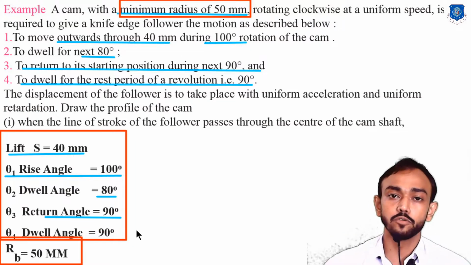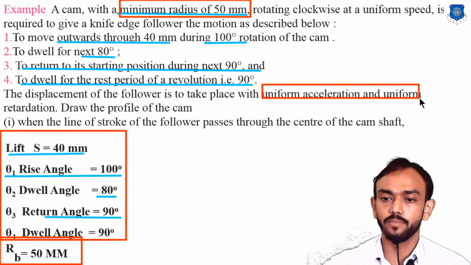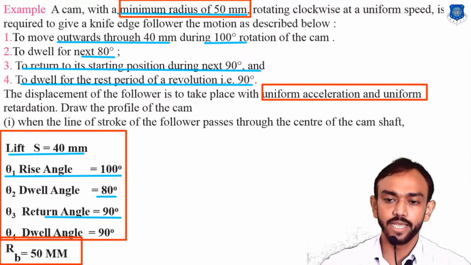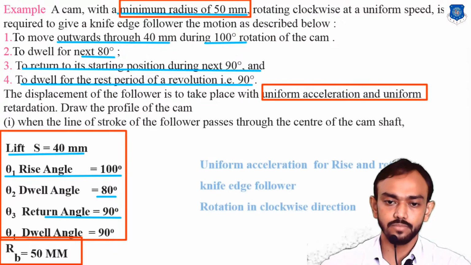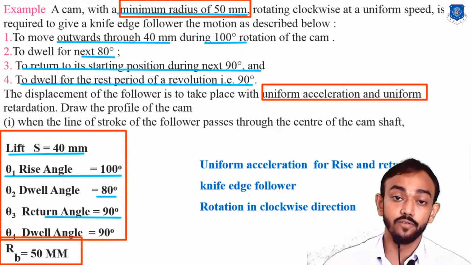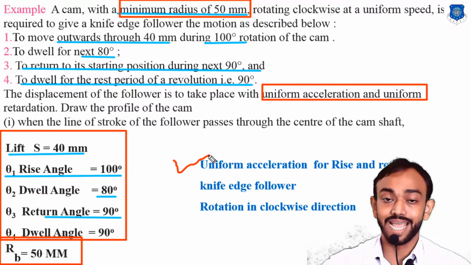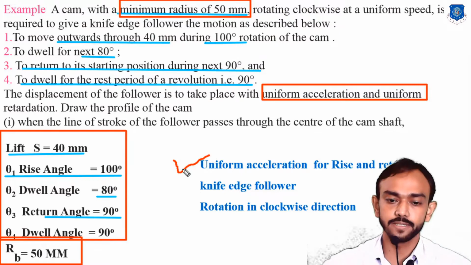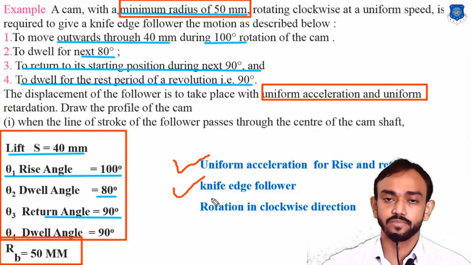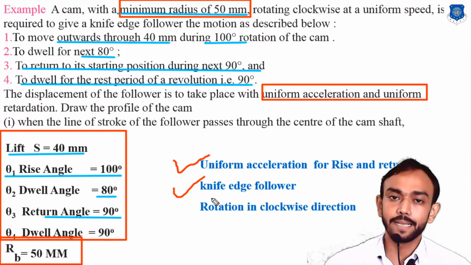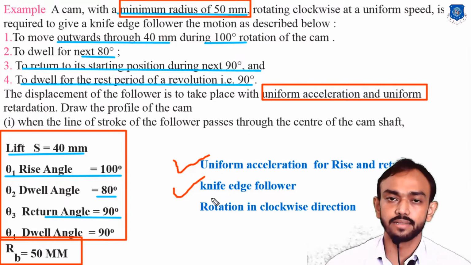First of all we have to check which type of motion is given. You know that uniform acceleration is given. These 3 data are always required, and we have to check them in the given data. The type of displacement diagram depends on the type of motion. There are three types of follower in our numericals: one is knife edge, second is roller, and third is flat face.